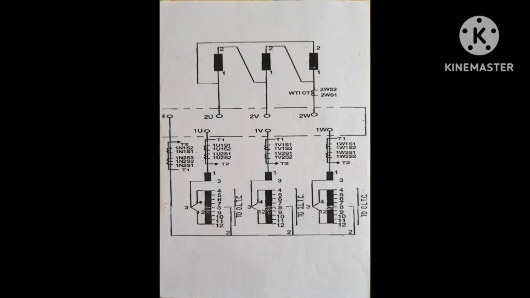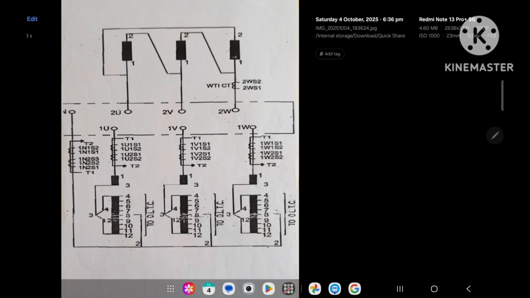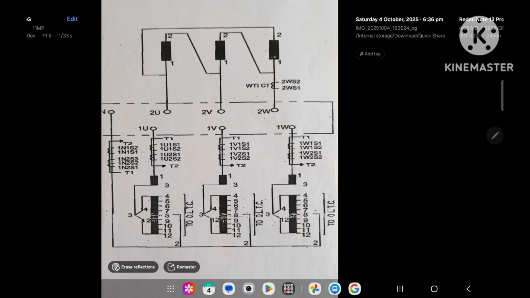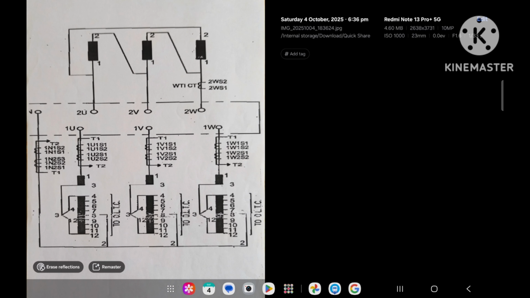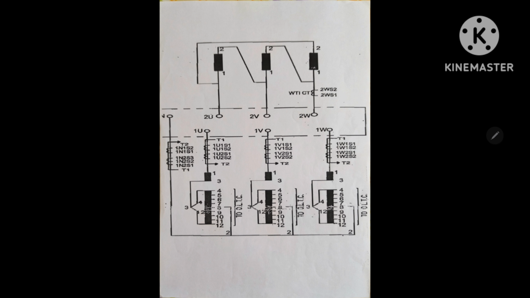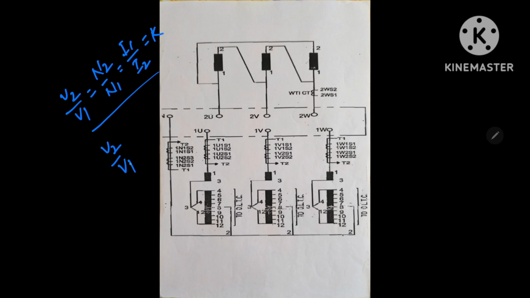Now the basic formula is V2 by V1 is equal to N2 by N1 equal to I1 by I2 is equal to K. This is called the transformation ratio. Now we'll take the case V2 by V1, secondary voltage to primary voltage, equal to N2 by N1.